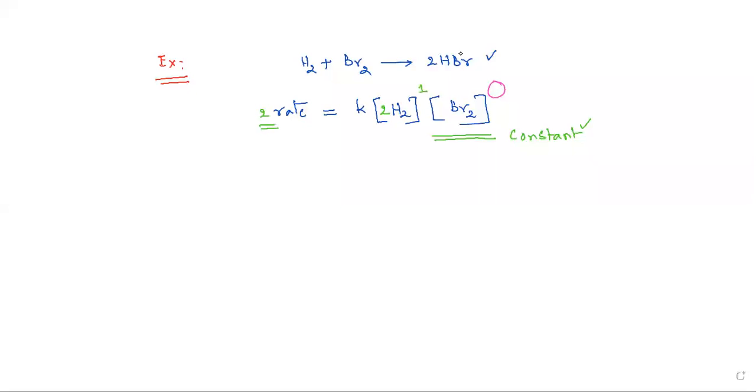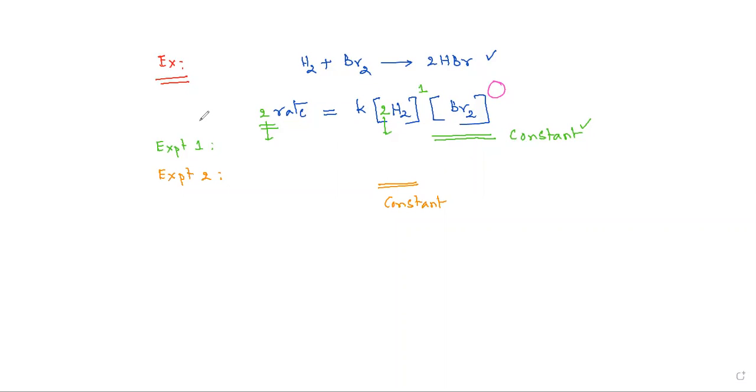Now, in the second experiment, to know the effect of concentration of bromine on rate, let us keep the concentration of hydrogen constant.